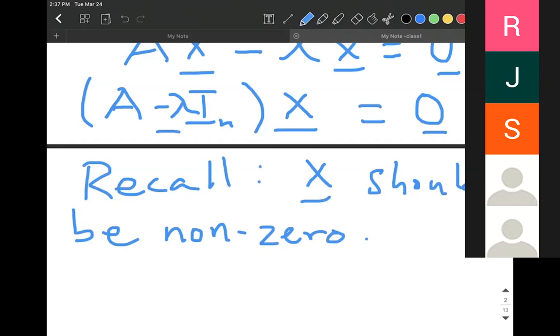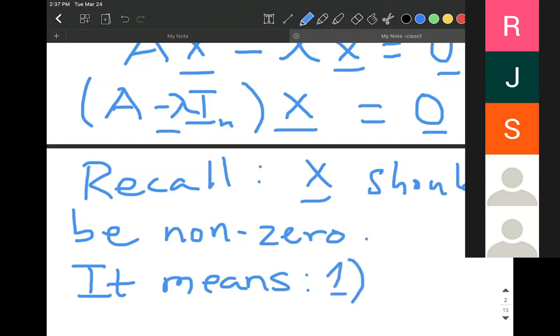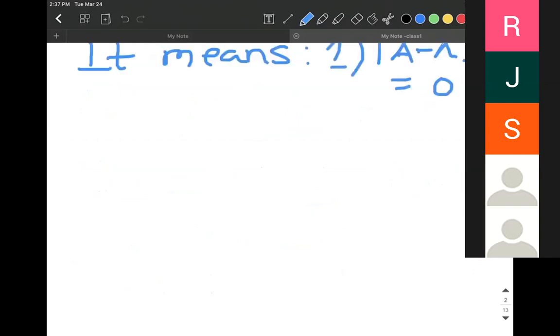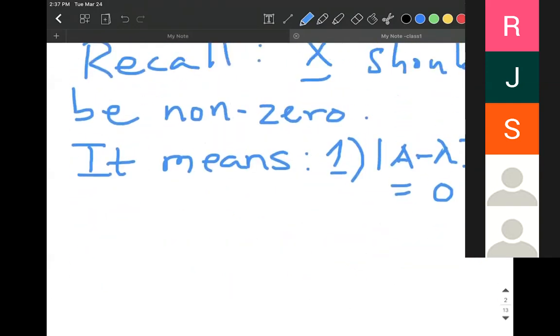So it means two things. Number one is that the determinant of A minus lambda I_n should be 0, right, because it has a non-zero solution.